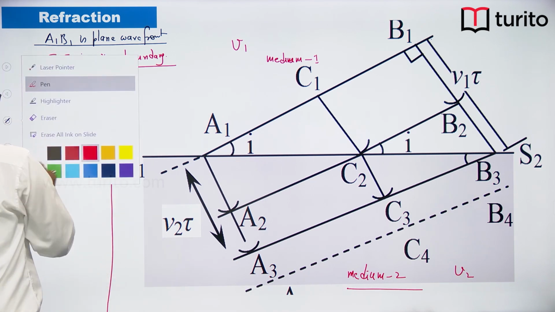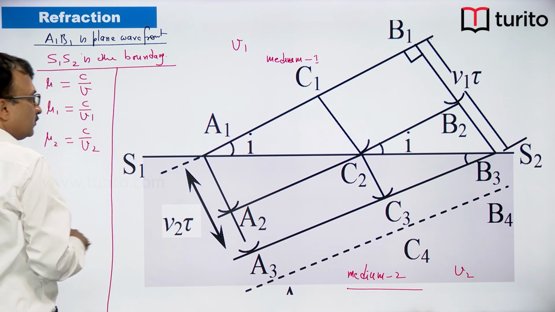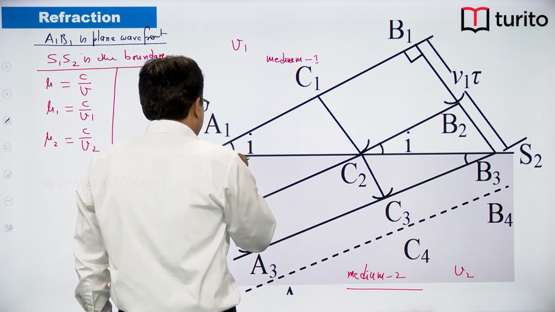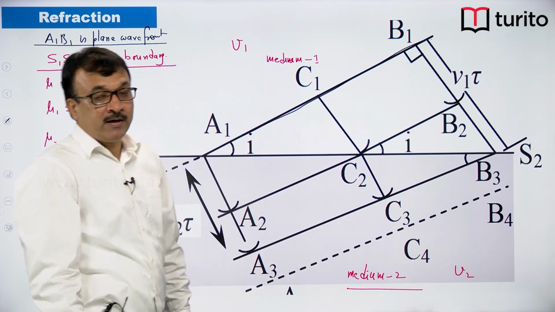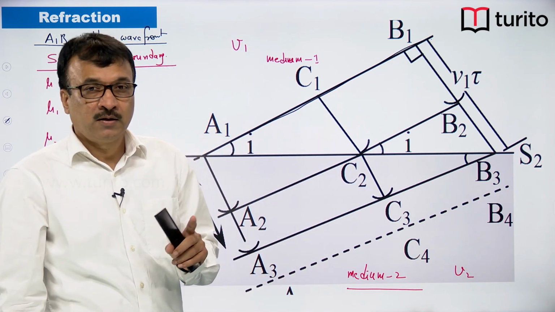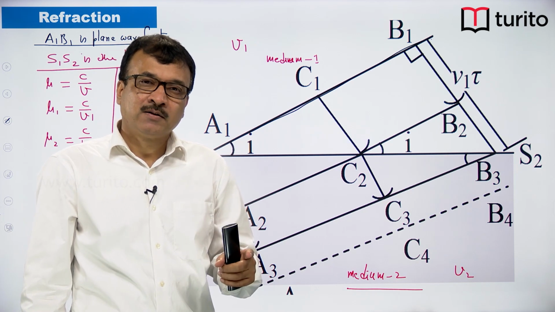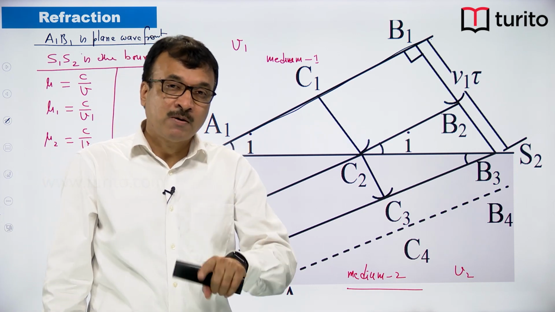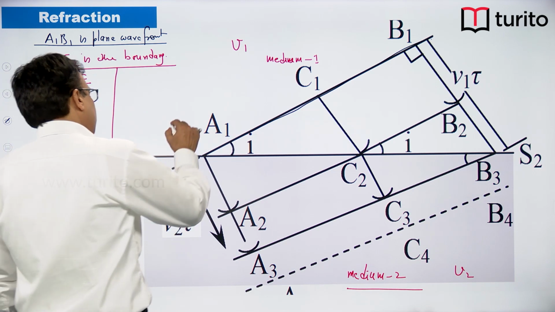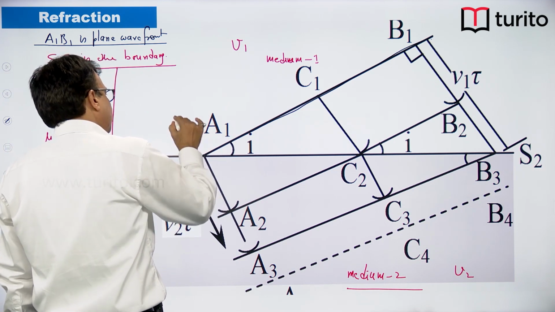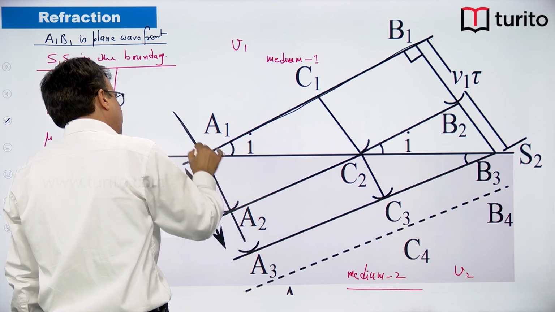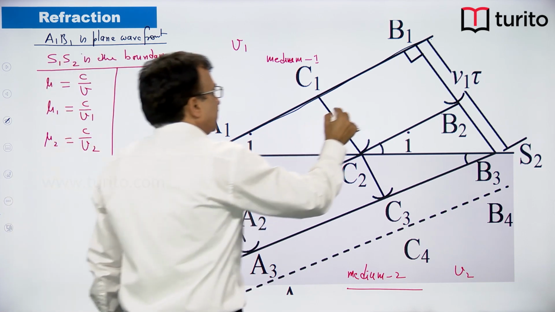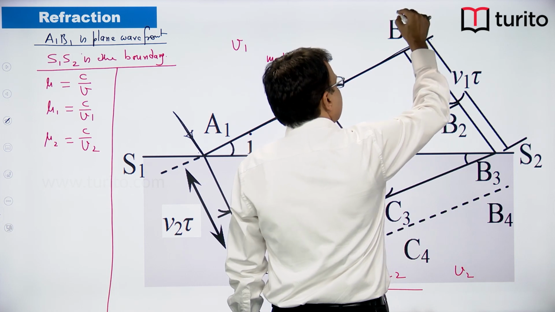Another thing is, this is the plane wavefront A1 B1, and I just told you wavefront and waves are mutually perpendicular. So this is the direction of propagation of the wave. This is a wave, and here I consider this is another wave.